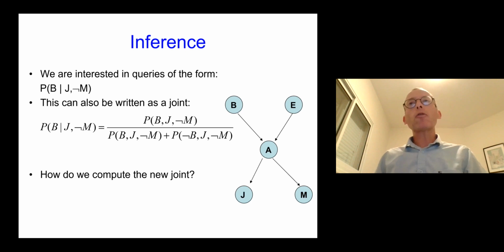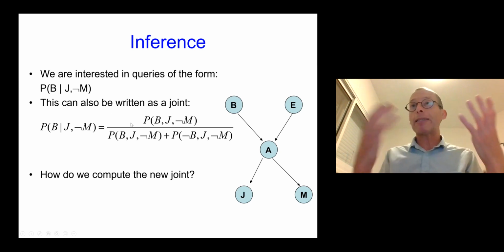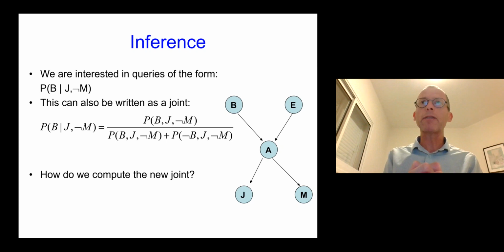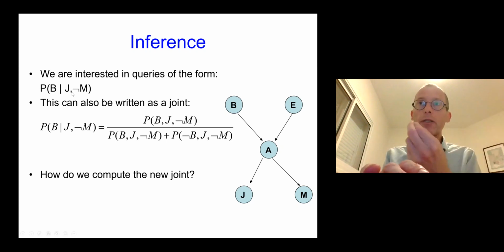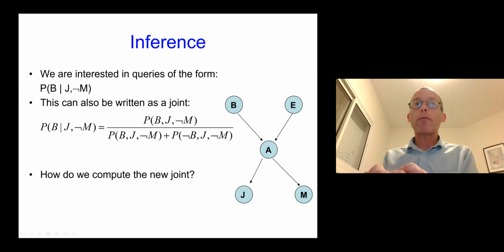Now I should say conditional probability is usually something pretty hard to do in a Bayesian network. Joint is much easier, since a Bayesian network represents the joint probability distribution. So if we have a conditional probability, in this case the probability of B conditioned on J and not M, we usually turn it into a joint. The probability of A given B and C is just the probability of A, B, C divided by the probability of B and C, which is the sum over A of the probability of A, B, and C. This is something we discussed many times.